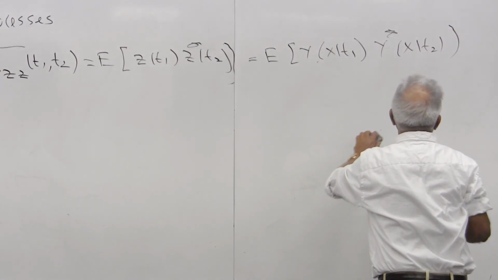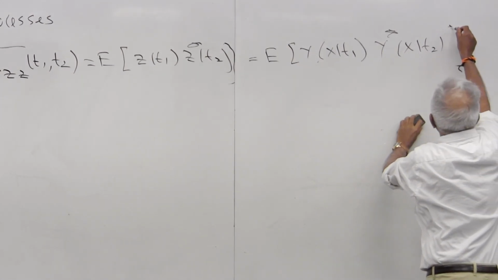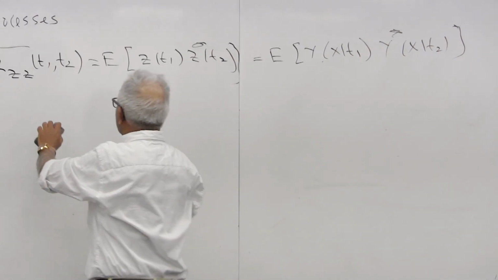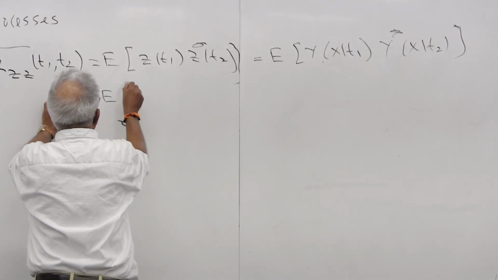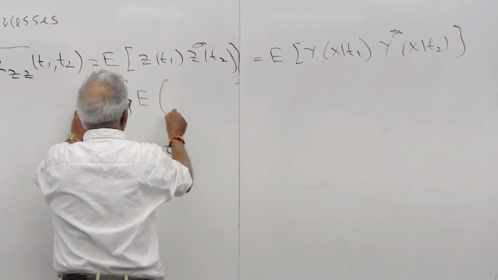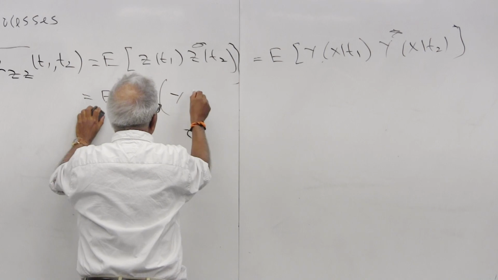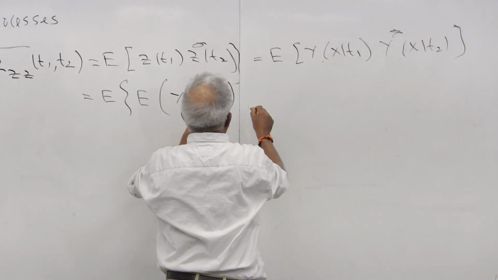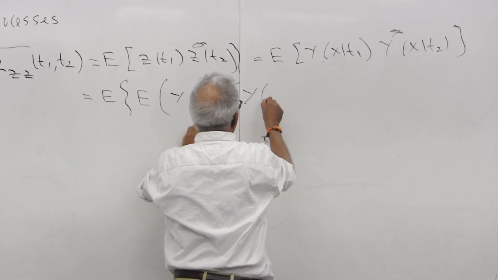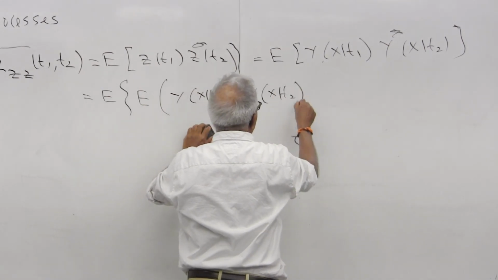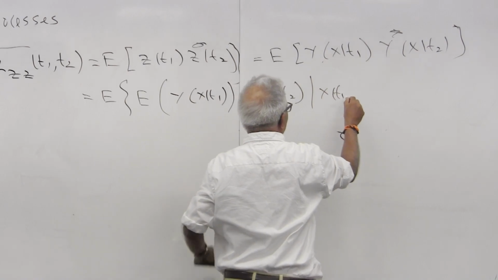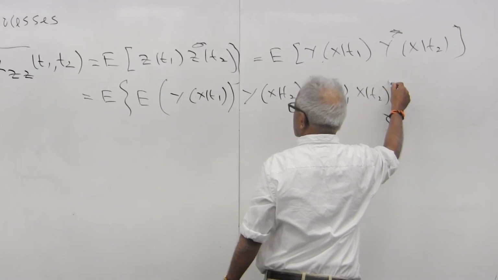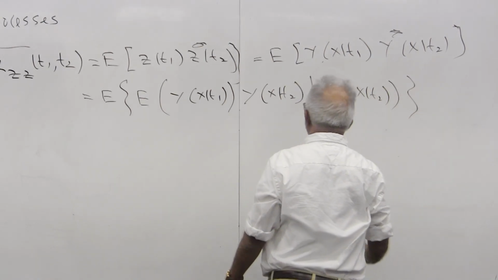So we have too many random things going on, x of t and y of t. So I'm going to use conditioning. This is the expected value of the conditional expectation of y of x(t1) multiplied by y of x(t2), conditioned on x(t1), x(t2). And then get rid of the condition.